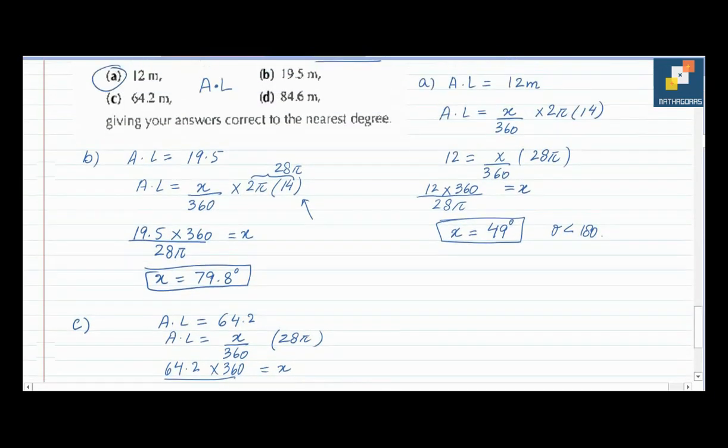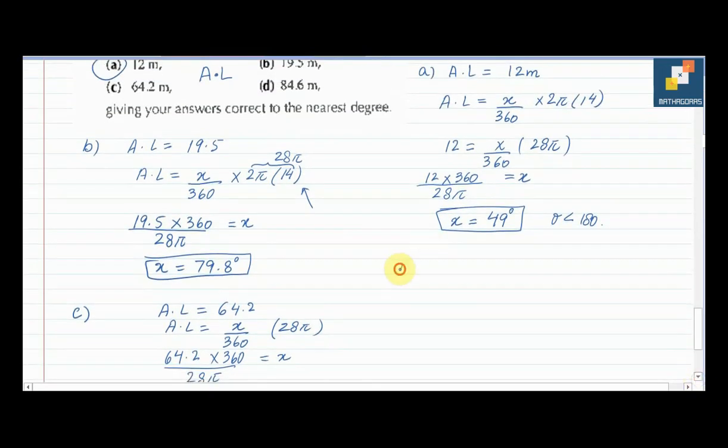And for the last part D, the arc length is 84.6 meters. Now the working formula: arc length is equal to angle x divided by 360 multiplied by 28 pi, right? So 84.6 multiplied by 360 divided by 28 pi is equal to angle x.